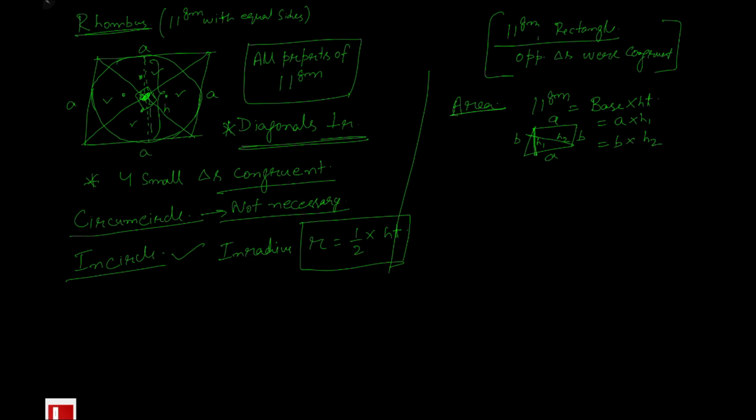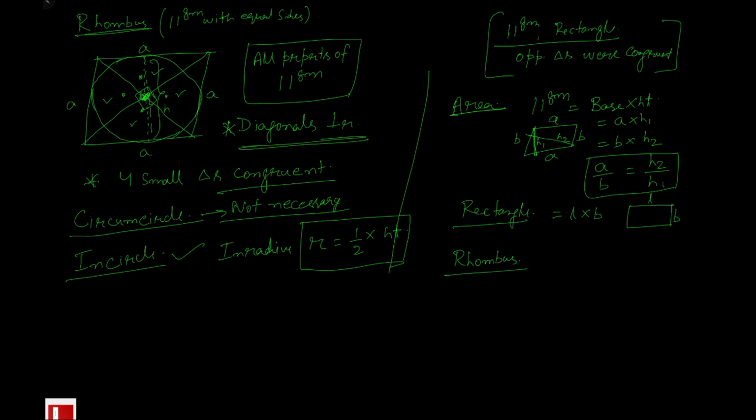Okay, you can also see that the ratio of sides is opposite of ratio of heights. Right? This is for parallelogram. Then what about rectangle? Rectangle area is very simple. Length into breadth, that we have already seen, because it is 90-degree situation. This is L, this is B, so it is straight away L into B. Okay. What about rhombus area?